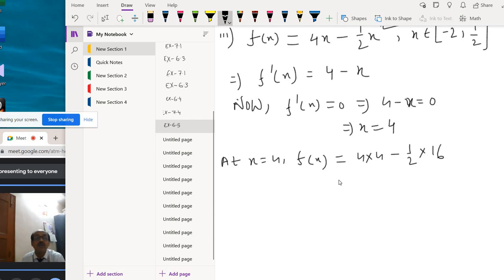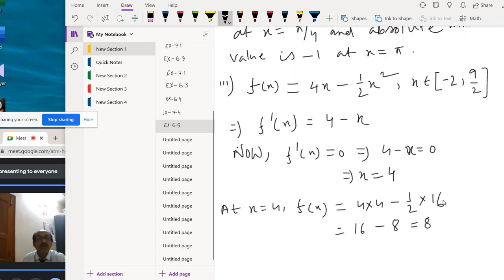So equal to 16 minus 16/2, 8, equal to 8. Now, the interval is -2 to 9/2. 9/2 means 4.5. So x equal to 4 is in between -2 and 9/2, it's okay.